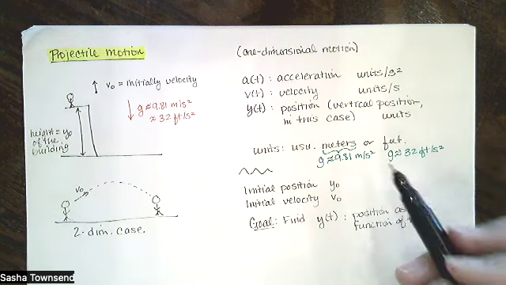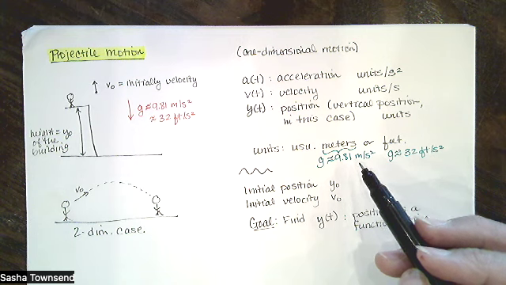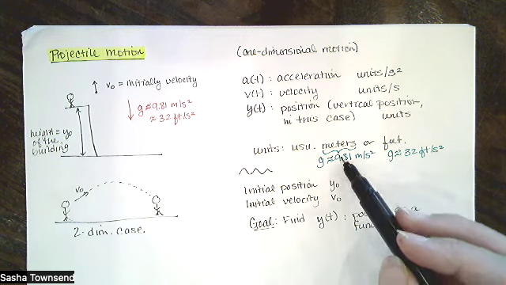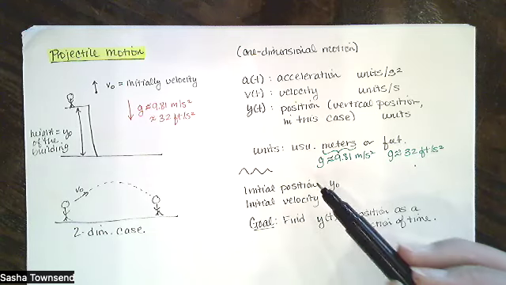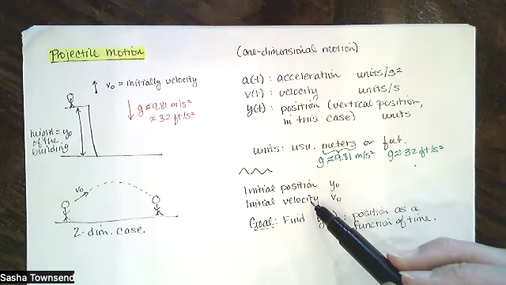Depending on whether your problem statement deals with measurements in meters or feet, you're going to use either this gravitational constant or this one. So we know our initial position, we know our initial velocity.